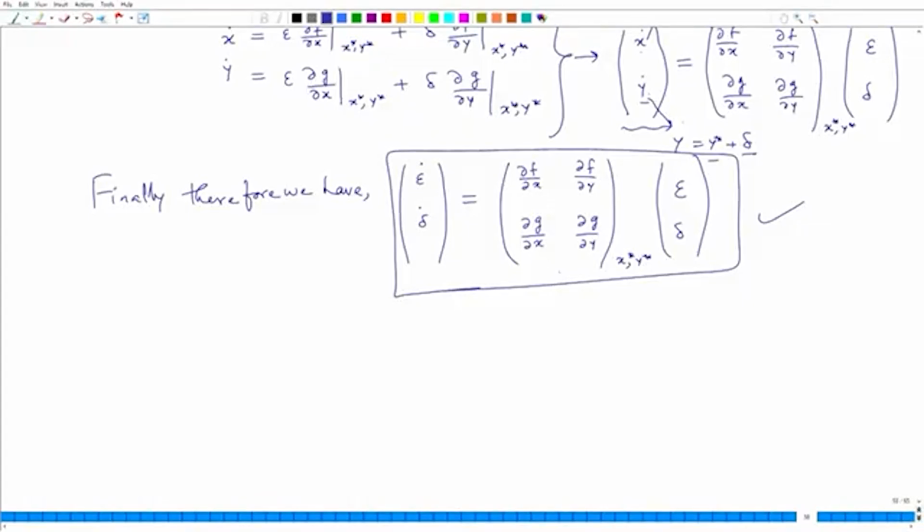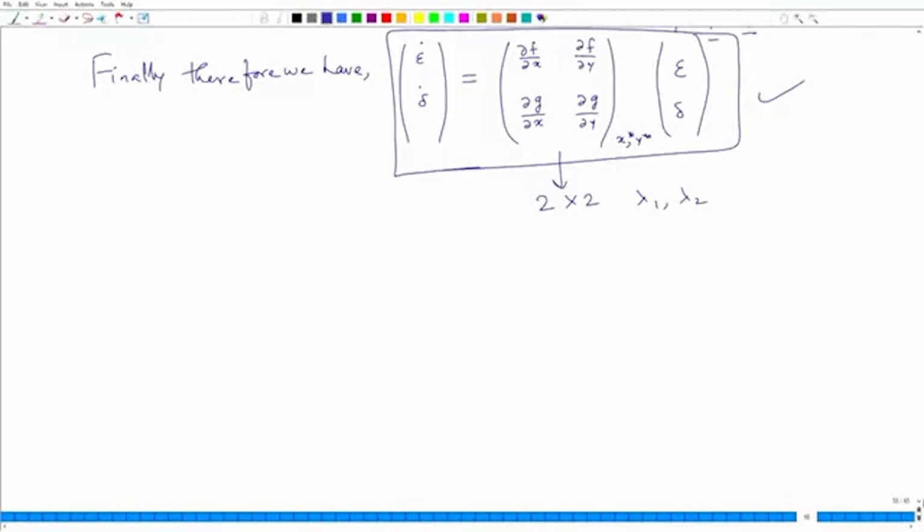If this is now a 2 cross 2 matrix, it will also have 2 eigenvalues, lambda 1 and lambda 2. Depending on the nature of lambda 1 and lambda 2, we can think of the stability or instability of the fixed point. The rule is very close to what I did while talking about the stability of the equilibrium with respect to the potential energy of a particle in classical mechanics. This is something very analogous.